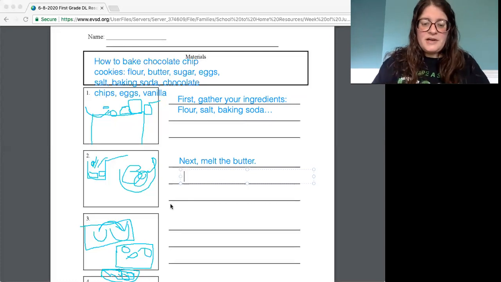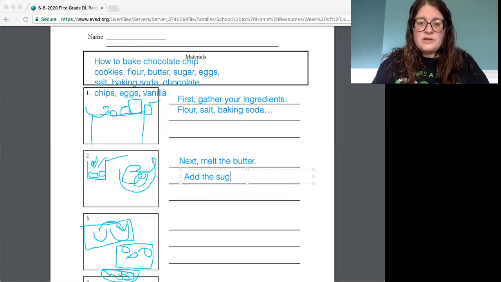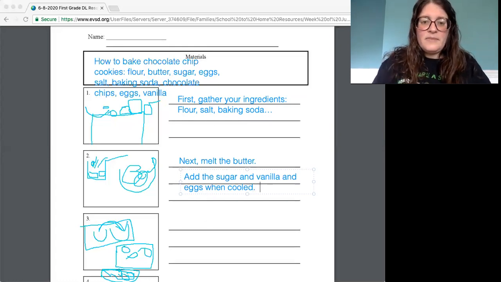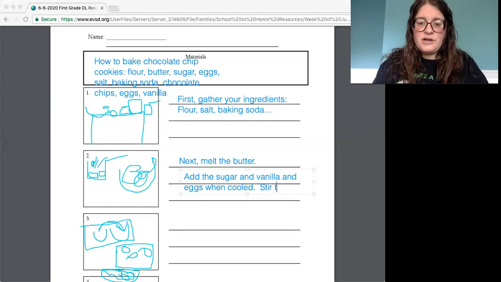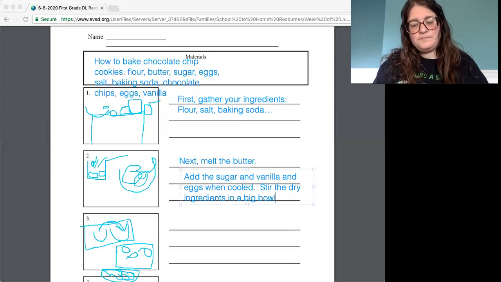Next, melt the butter, add the sugar and vanilla and eggs when cooled. And then it would be stir the dry ingredients in a big bowl.